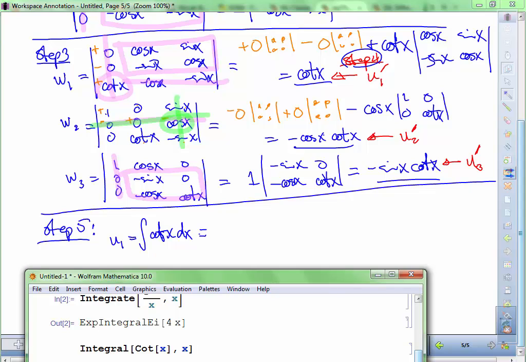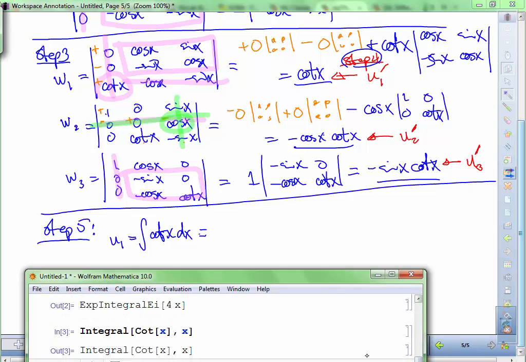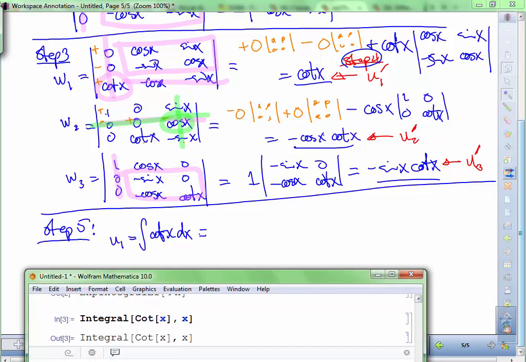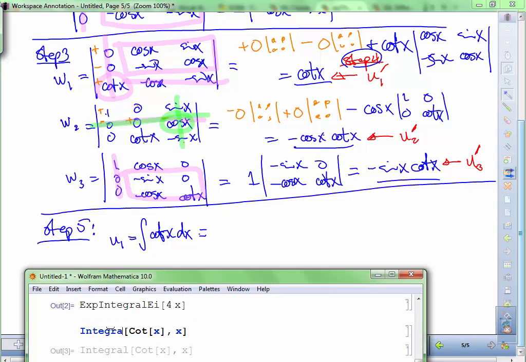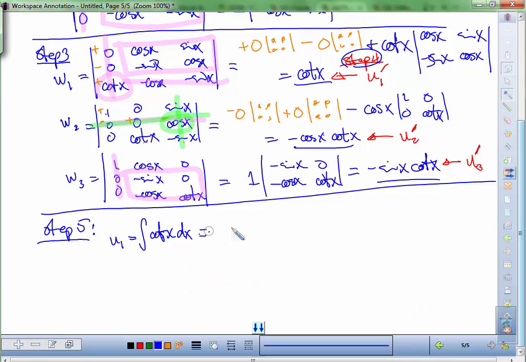Negative ln of what? Ln sine? All right. Negative ln of sine? Wait, what did we integrate? There you go. So positive ln sine x.